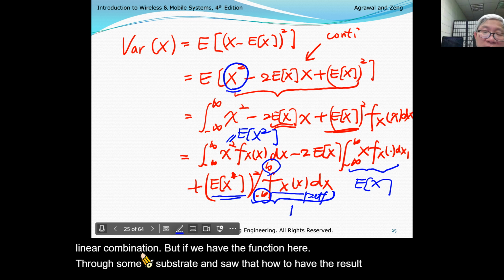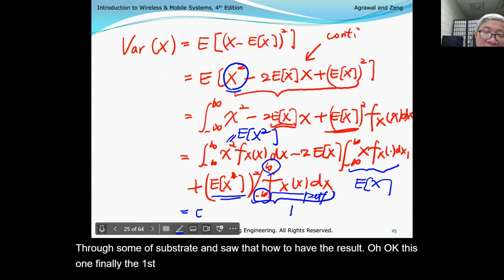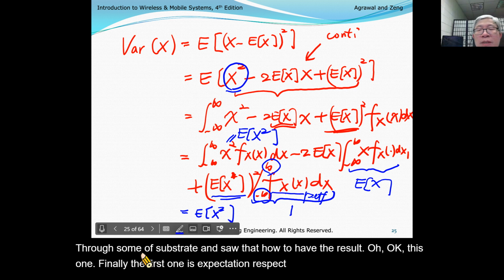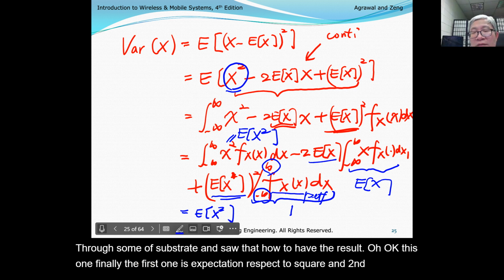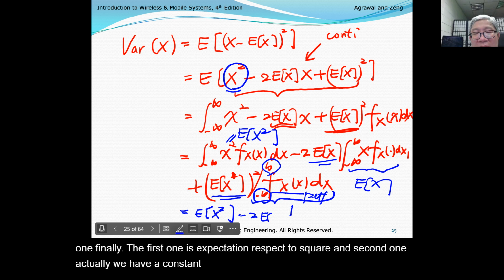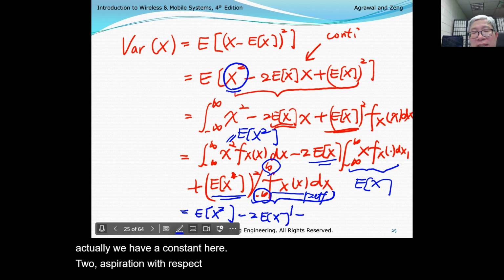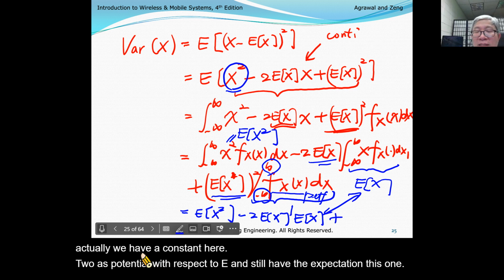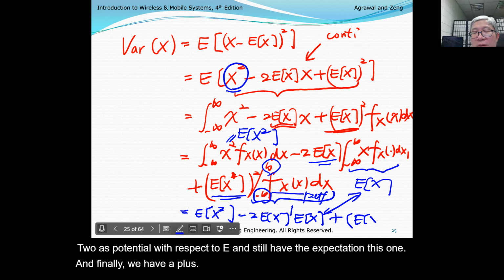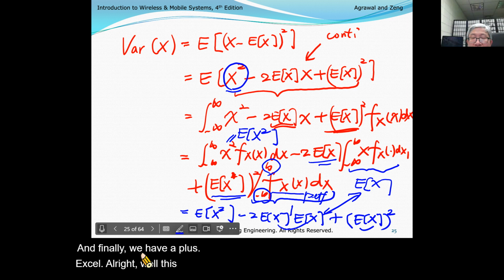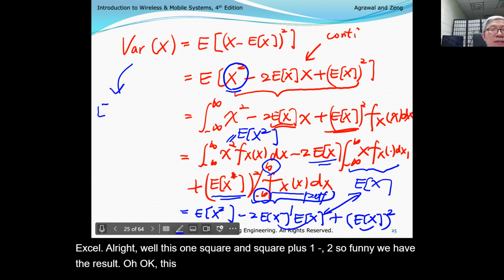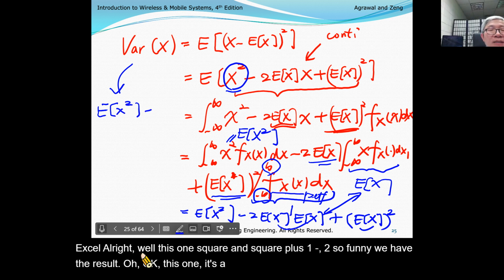Finally, the first one is expectation of x squared. And the second one, we have a constant here, 2, times the expectation with respect to x. And finally, we have a plus itself. All right, square and square, plus 1 minus 2. So finally, we have the result. It's the expectation of the square minus this.